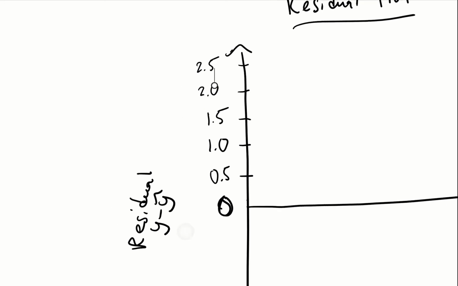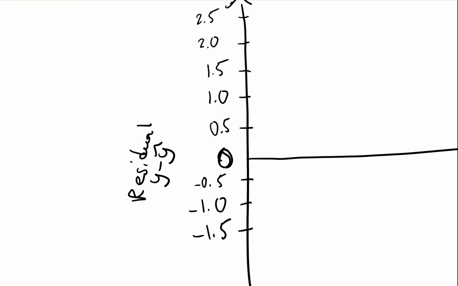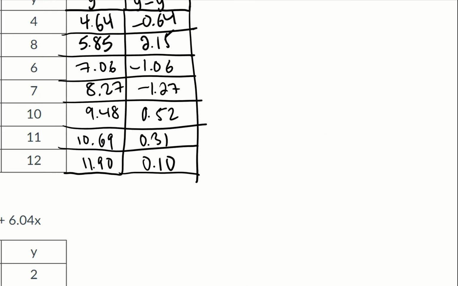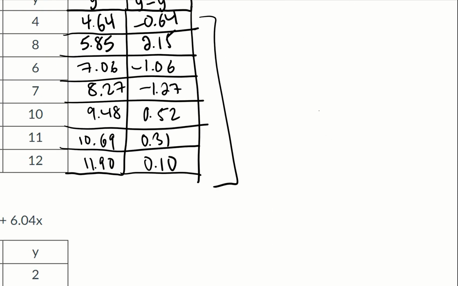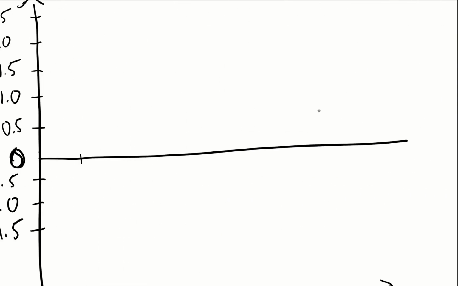Those are positives, and then we have some negatives. We'll do the same here: -0.5, -1.0, -1.5. That's for my residuals, and we're doing that based off of these residuals right here. Next, we have x from 0 through 6, so let's go all the way from 0 to 6.